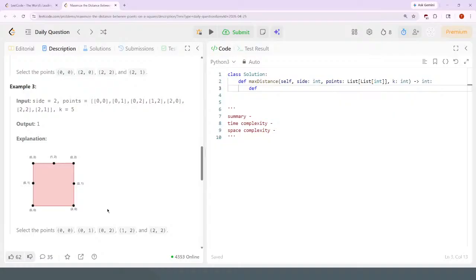How would I map this to something that is easily comparable for distance? This is 2 away, 3 away from the origin, 4 away, and this is back to 3 away.